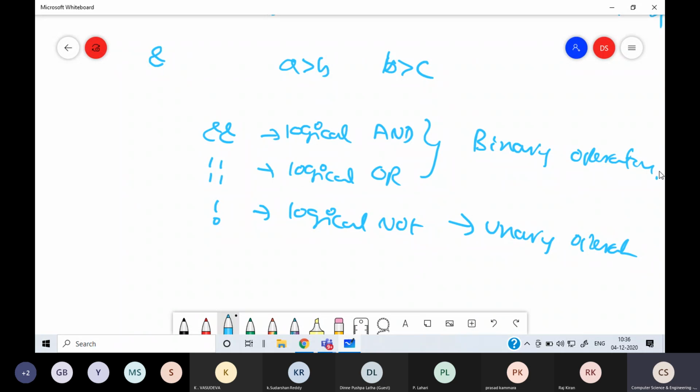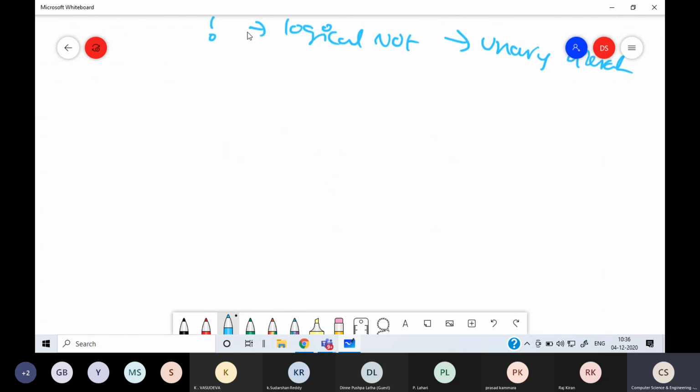Another difference between unary and binary is that binary deals with more than one operand or expression, so it is used in between the two operands or expressions. But unary is always applied on a single one, so it will be at the beginning of that operand or expression. So this is logical and, logical or and logical not. Now we'll see each one individually.